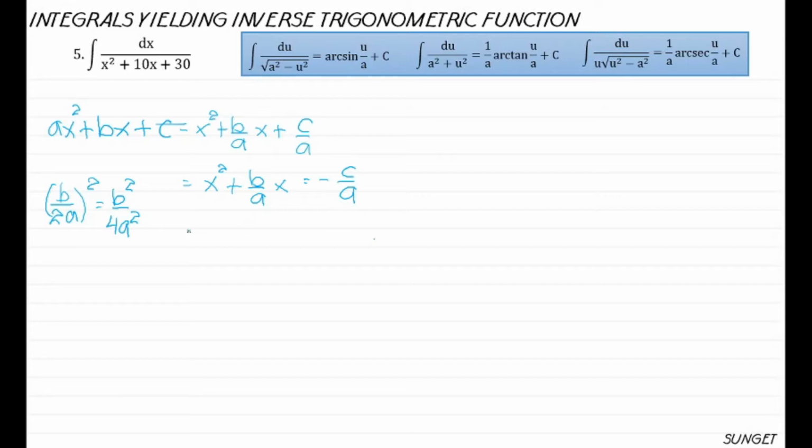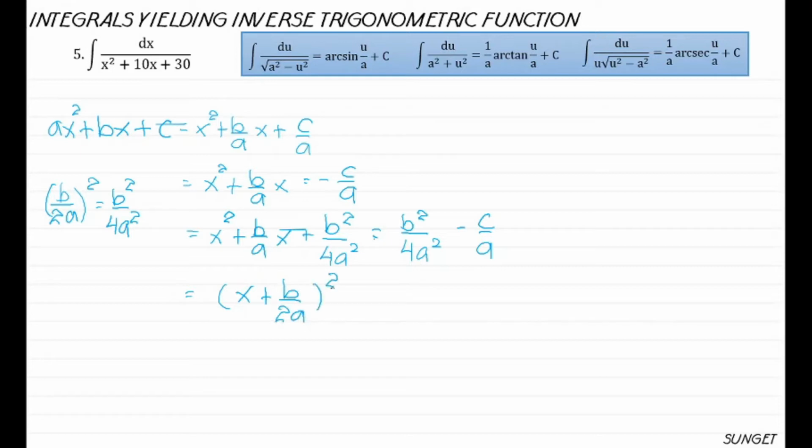So we have x squared plus b over a x plus b squared over 4a squared equal to b squared over 4a squared minus c over a. The left side of the equation is a perfect square trinomial, so we can transform it into (x plus b over 2a) squared.